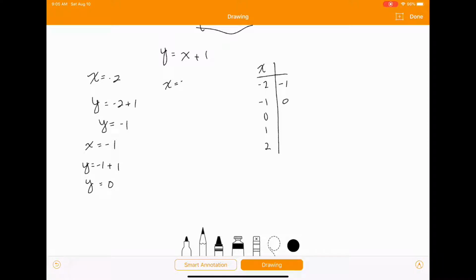For x equals 0, y equals 1. For x equals 1, y equals 1 plus 1, y equals 2. And for x equals 2, y equals 2 plus 1, y equals 3. All right, so then we're just going to take these and graph them.